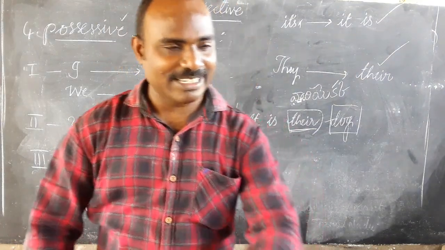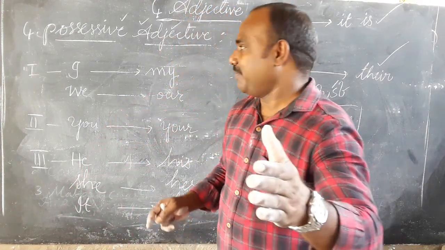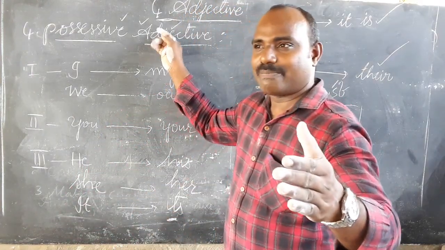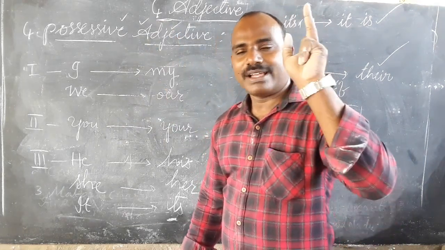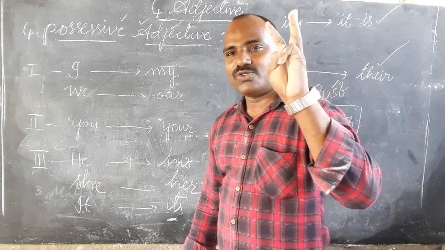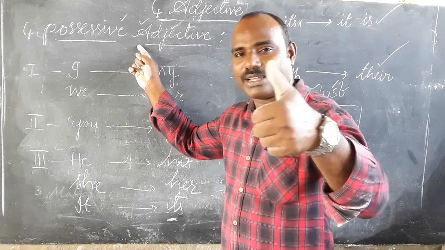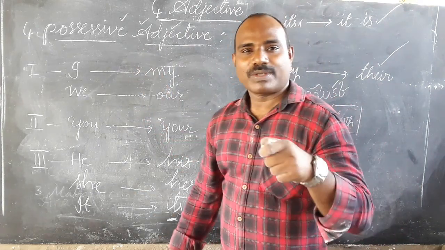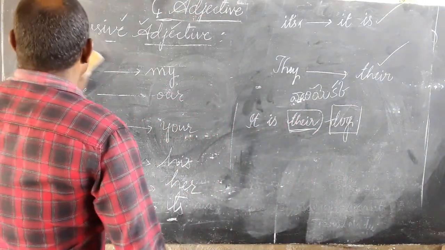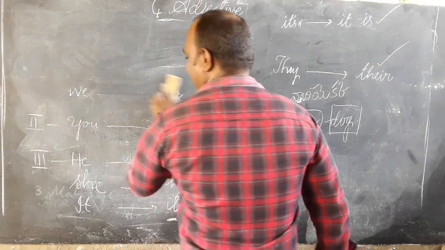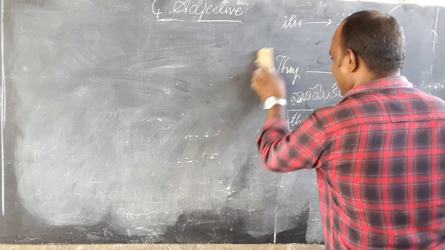And I'm extremely sorry for forgetting one more type of adjective. Basically, in the beginning, I told you there are 4 types of adjectives: adjective of quality, adjective of quantity, adjective of number or numeral adjective, and possessive adjective. And the 5th one I forgot, I'm sorry, that is demonstrative adjective that I'm going to teach you now. You have to write this in the beginning of this video.